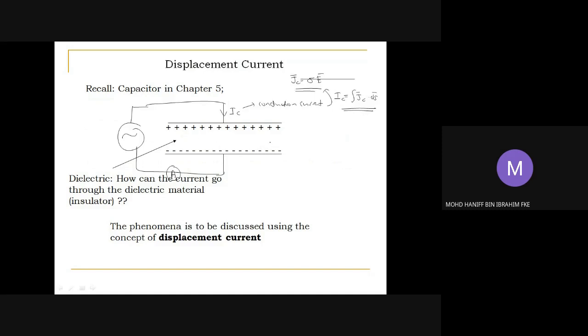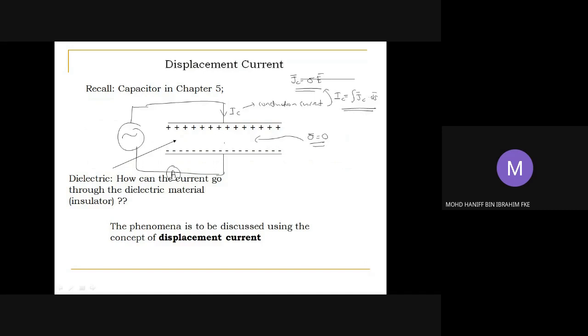But have you ever thought about this capacitor? We learned previously that a capacitor consists of two conductor plates, one with positive charge and the other with negative charge, and in between there is a dielectric. If the dielectric is a perfect dielectric, meaning sigma equals 0, it does not permit current to pass through.